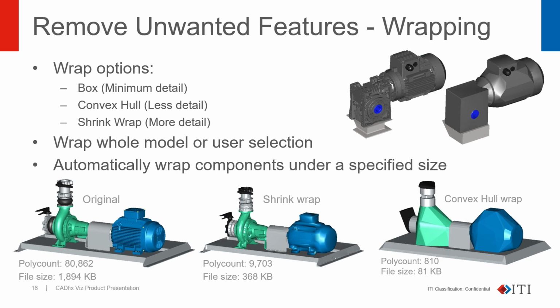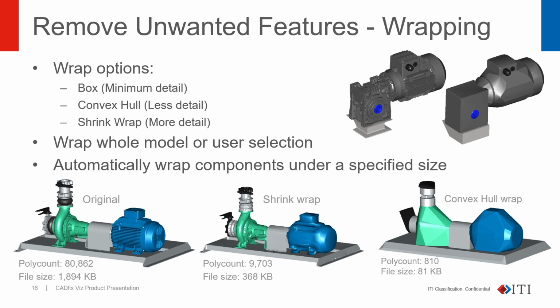You can definitely tell the difference in that convex hull from the original. Definitely much more coarse, but again, huge payoff if you're really trying to just get a small file. And then the box wrap actually is the absolute minimum detail, so that'd be very coarse.